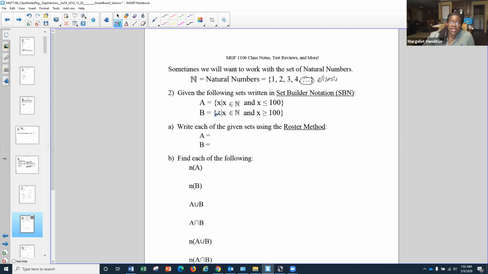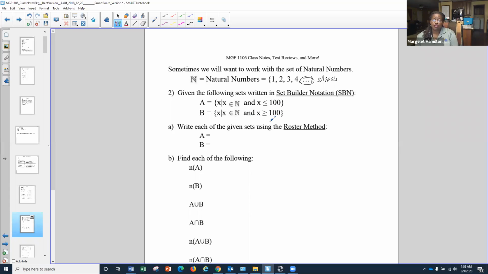Then we have set B saying that the set of all x such that x is an element of the natural numbers and x is going to be greater than or equal to 100. So here they are using another representation, the set builder notation. You're going to be able to read this and be able to break it down and write it so that you'll know exactly what they're talking about.